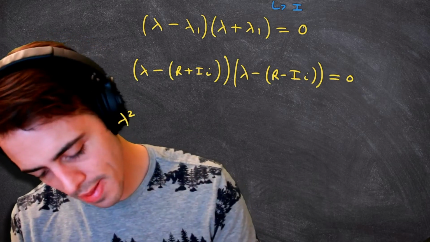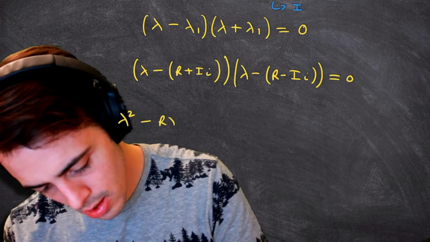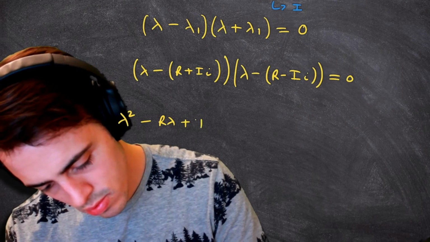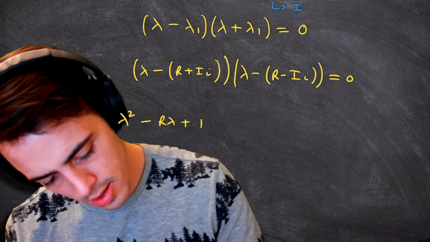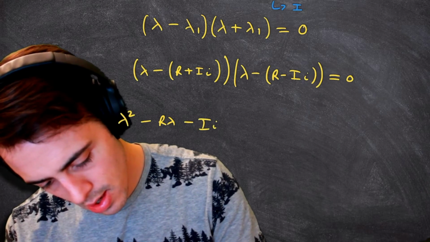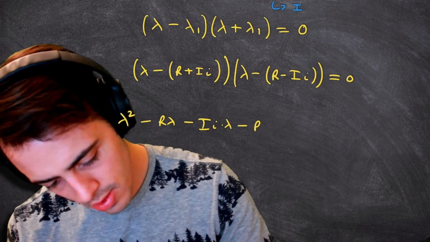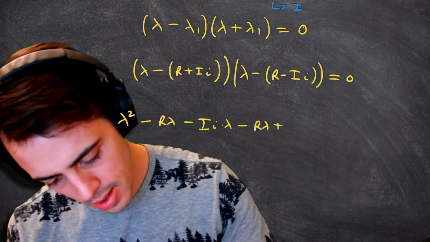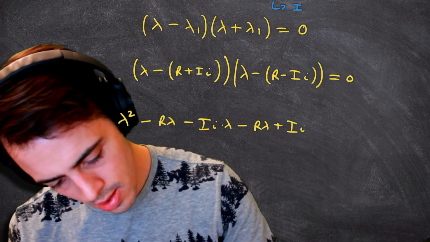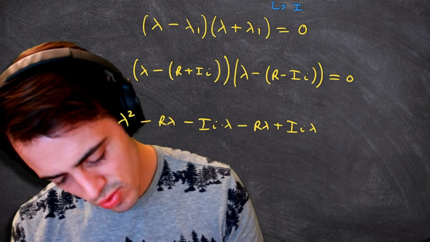So let's multiply these out. So I'm going to have minus r lambda, minus I multiplied by lambda, minus r lambda plus I lambda, and then I'm going to get these two things multiplied together.